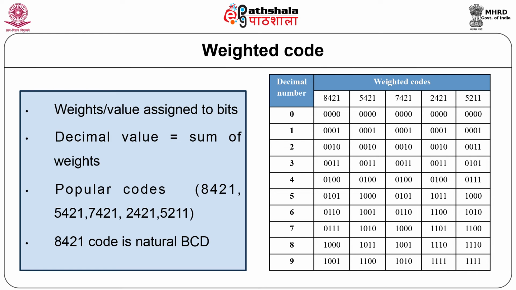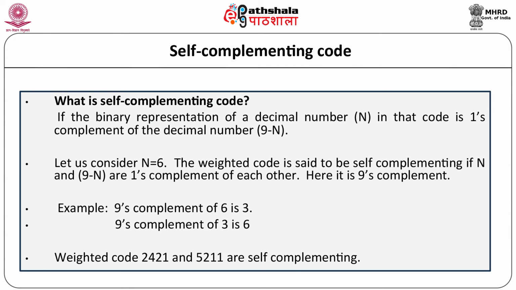You can definitely correlate how decimal number 0 to 9 can be represented in 8421, 5421, 7421, 2421 or other representations. Out of these numbers, 8421 is a natural BCD code. A code is said to be self-complementing if the binary representation of a decimal number n in that code is one's complement of decimal number 9 minus n.